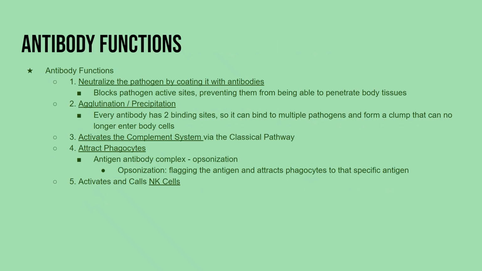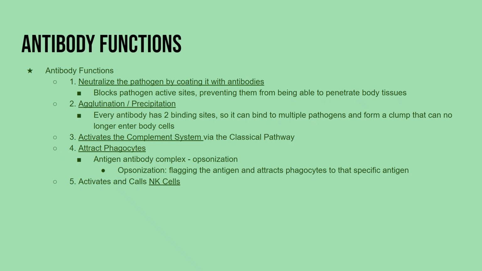And then once those antibodies are in the fluid of the body, they can neutralize the pathogen by coating it with more antibodies, or cause agglutination or precipitation, which is basically like making a clump so the pathogen can't do anything. They also activate the complement system.